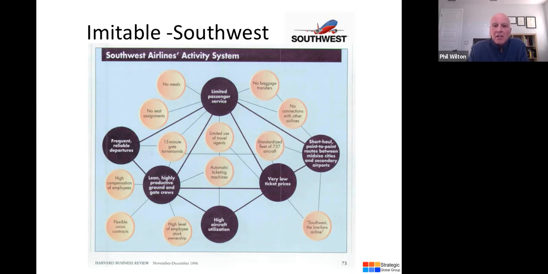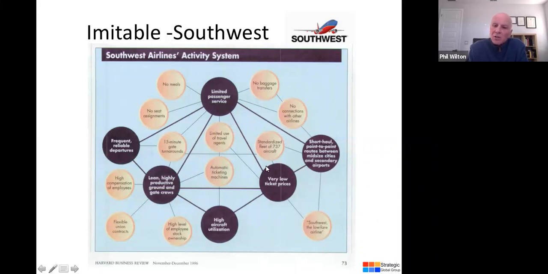This is an activity map, again from Harvard, one of my favorites. And the black circles are the strategies that they deployed, and the lighter circles are the tactics that they undertook to actually achieve the strategies.